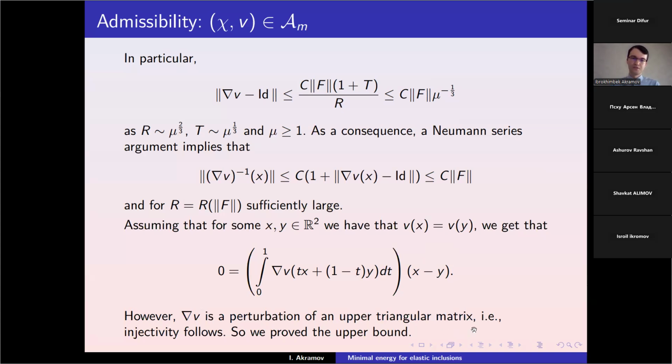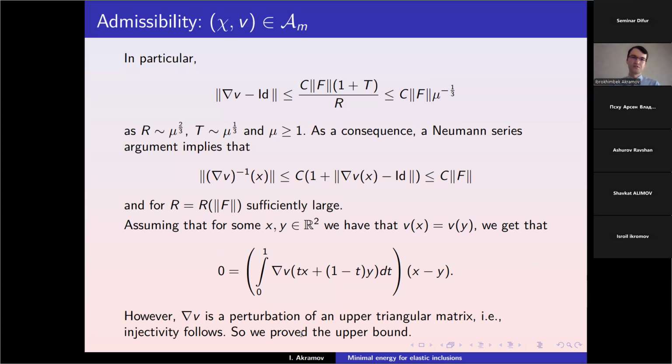So nabla v is a perturbation of an upper triangular matrix. Therefore, the first bracket cannot be 0. Therefore, it implies that x minus y is equal to 0. So this proves the injectivity of v.